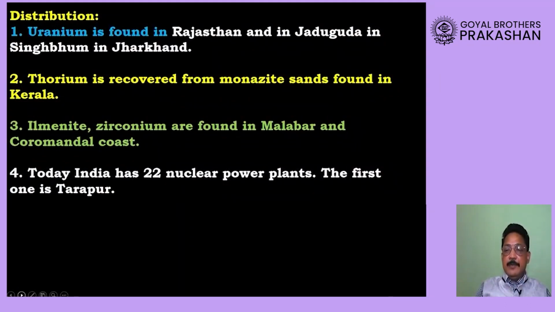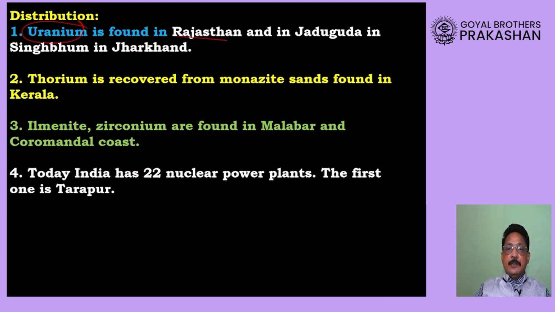Now, where do we find the elements required for making nuclear energy? Uranium is the most important one, which is found in Rajasthan. The name of the place, dear students, is not mentioned there, but you can remember that Rajasthan is an important state.